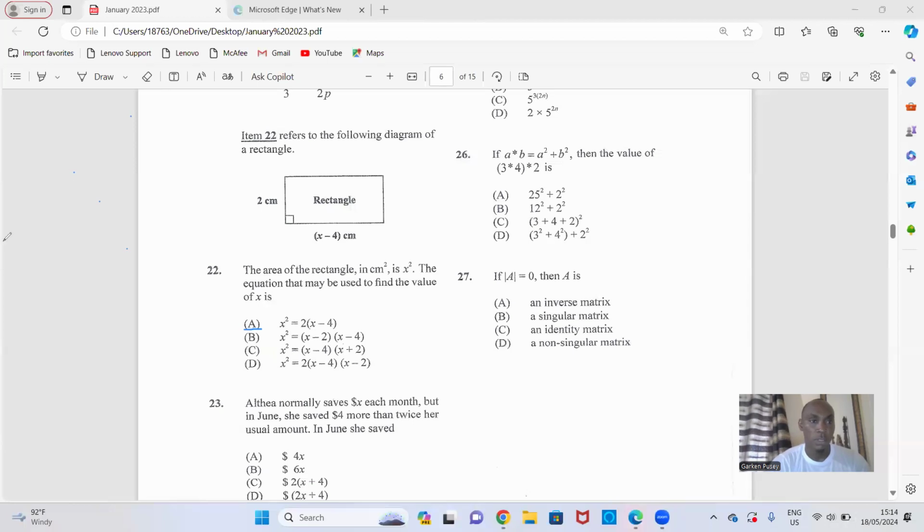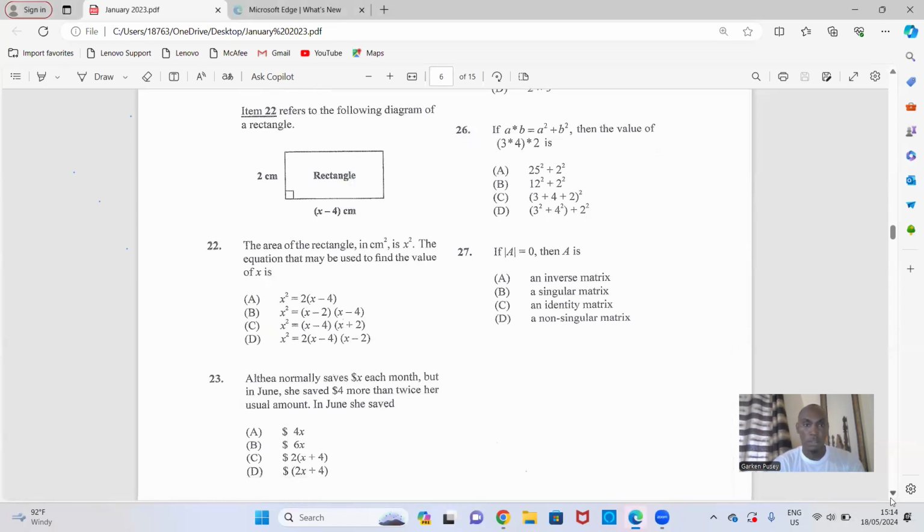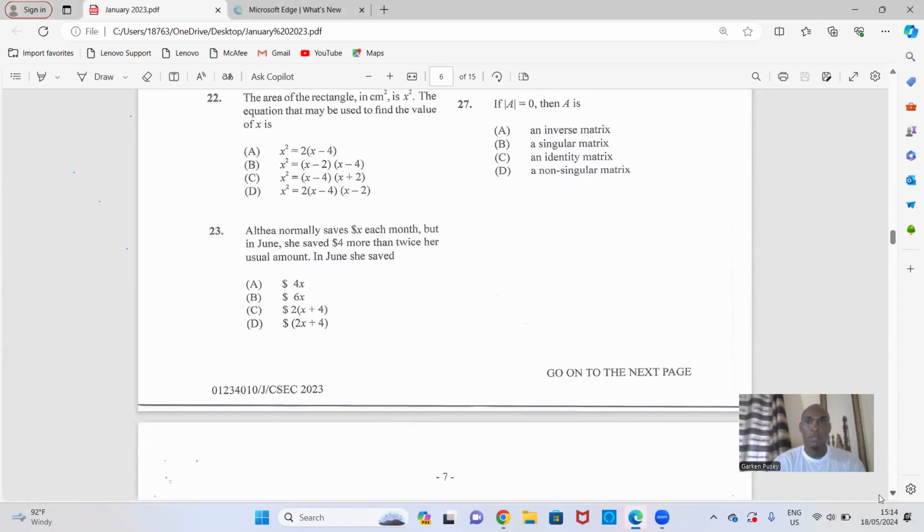All right, so let me erase this part as well. So we jump to question number 23. This question tends to repeat. It says, Altia normally saves X dollars each month, but in June, she saved $4 more than twice her usual amount.